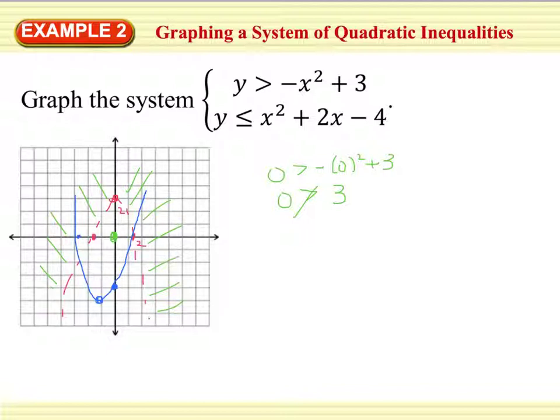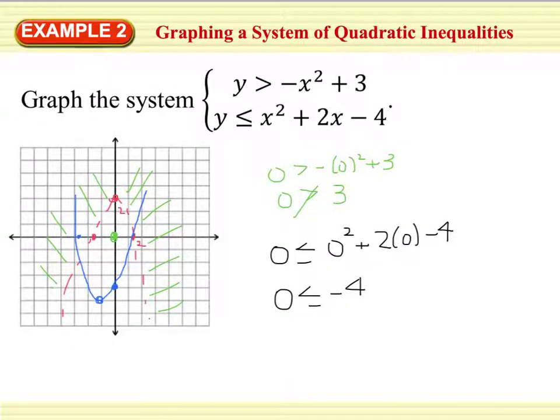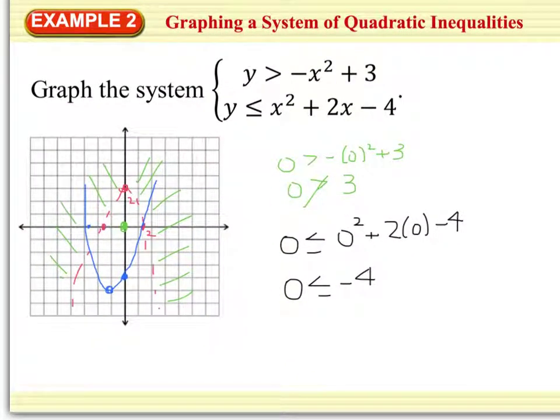Then I'm going to do the same thing, except I'm going to plug 0, 0 in for my bottom equation, and I get 0 is less than or equal to 0 squared plus 2 times 0 minus 4, which gives me 0 is less than or equal to negative 4. And again, that is not true. So now I have to shade on the outside of my blue line, and I'm going to get something that looks like this.